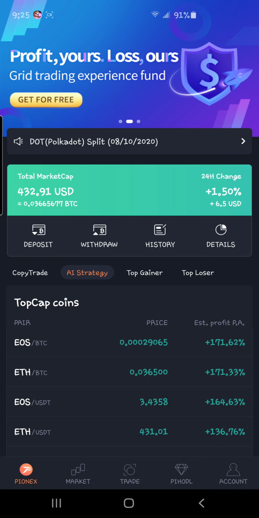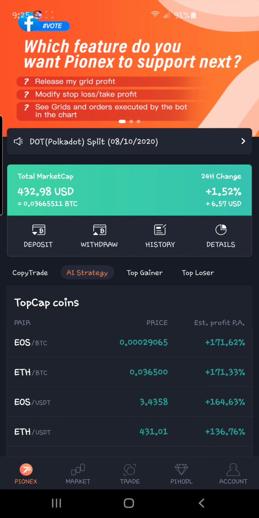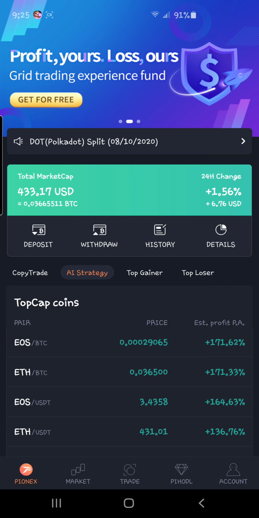It uses liquidity from Binance and Huobi. They have massive amounts of money in both, so they are able to provide you cheaper fees.